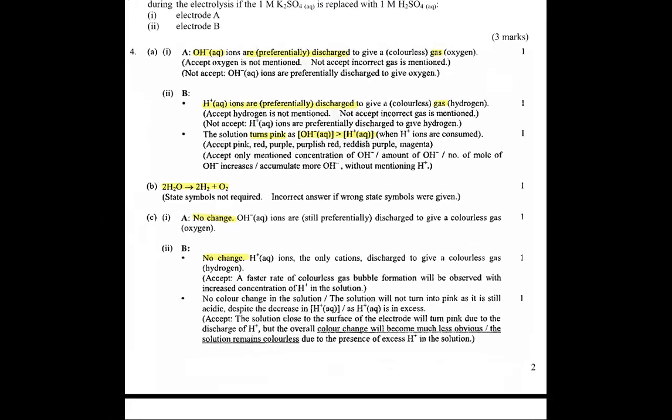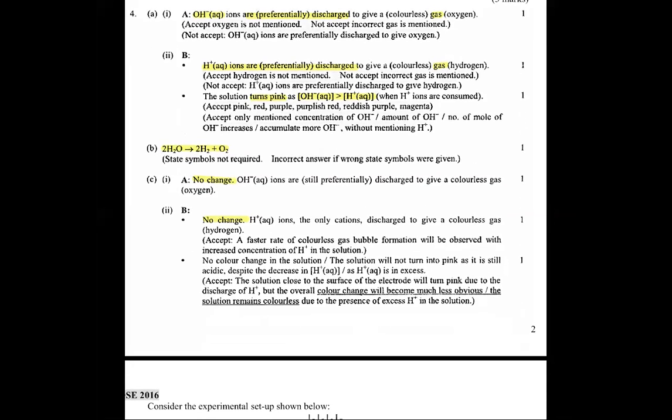But in this case, because we have excess hydrogen ion, the color would become less obvious, or less pinky, or you can even say it remains colorless. So that's electrode B. So 2 ways to answer it: no color change, or much less obvious, remains colorless.